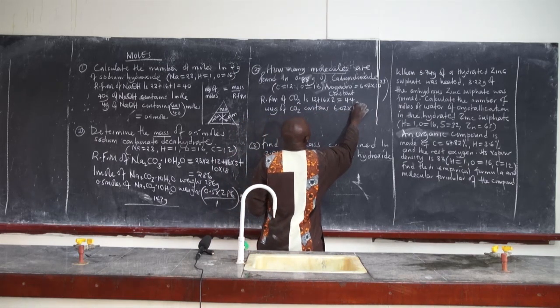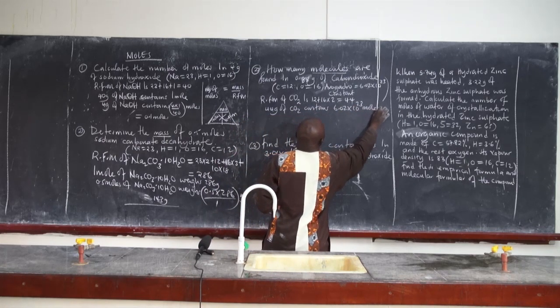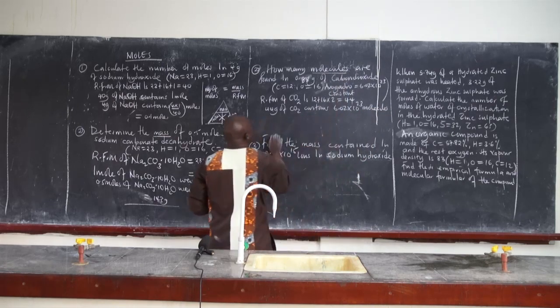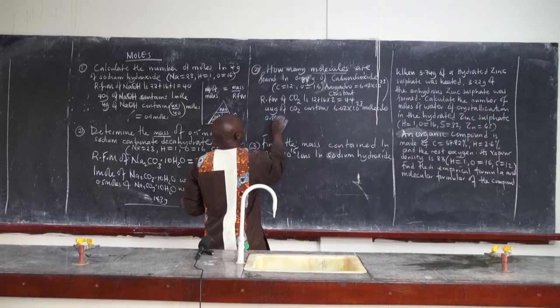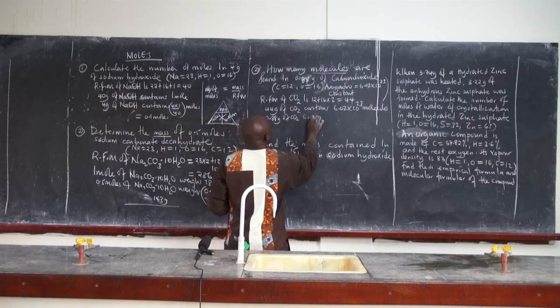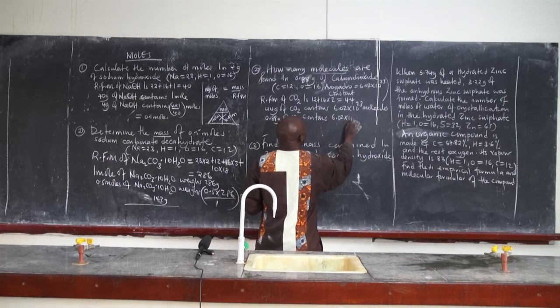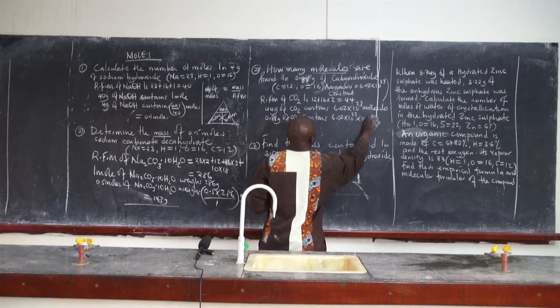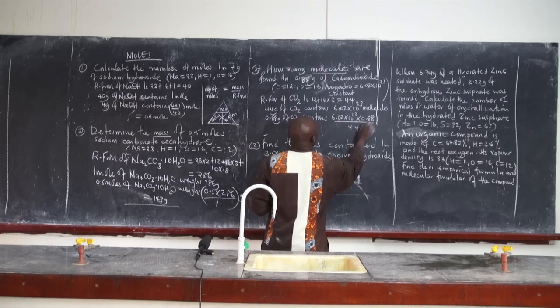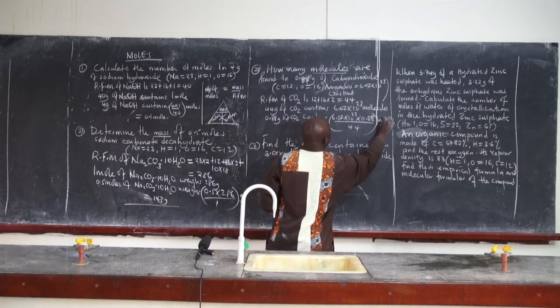6.02 times 10 to power 23 molecules. The question is talking about molecules here. So 0.88 grams of carbon dioxide contains, we could multiply here, 0.88 times this value. Then we are dividing it right away by the 44 molecules.